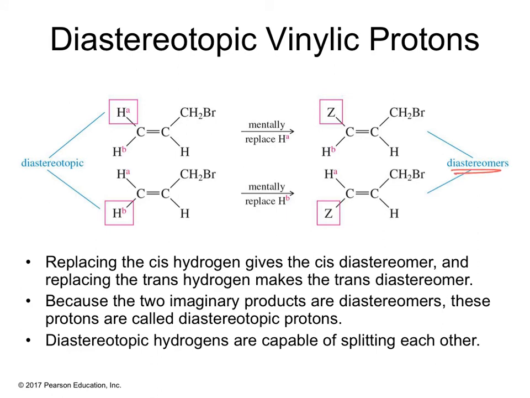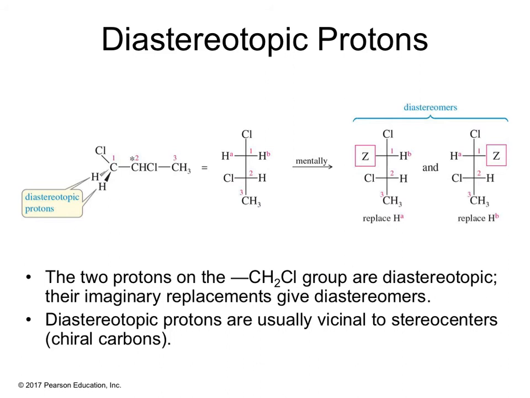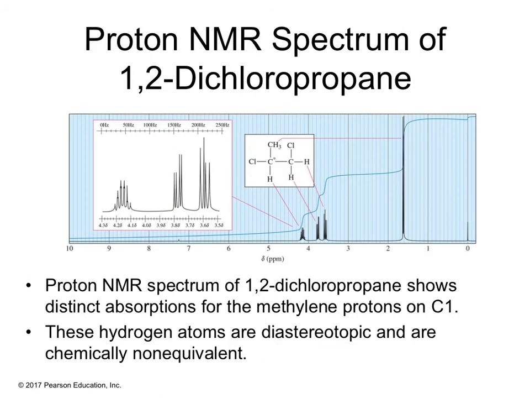These diastereotopic protons, what they're called, will also give you matching J splitting constants, and then you know that they are related to each other. And I'm not going to talk about the diastereotopic protons.